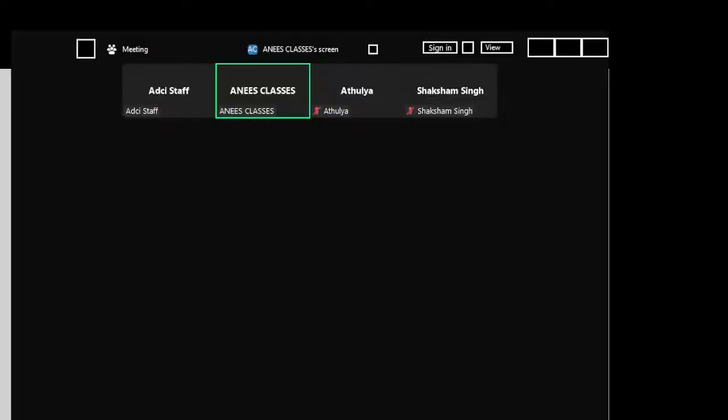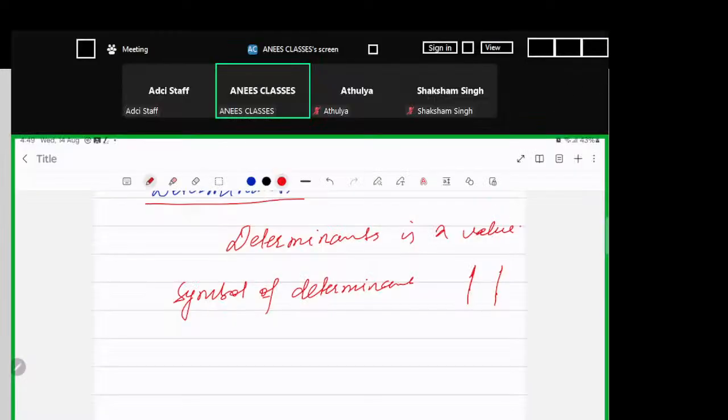So if I will do it, symbol of determinants is colliding with symbol of modulus. Okay. So you should not confuse modulus and determinants. Determinants give the algebraic value.